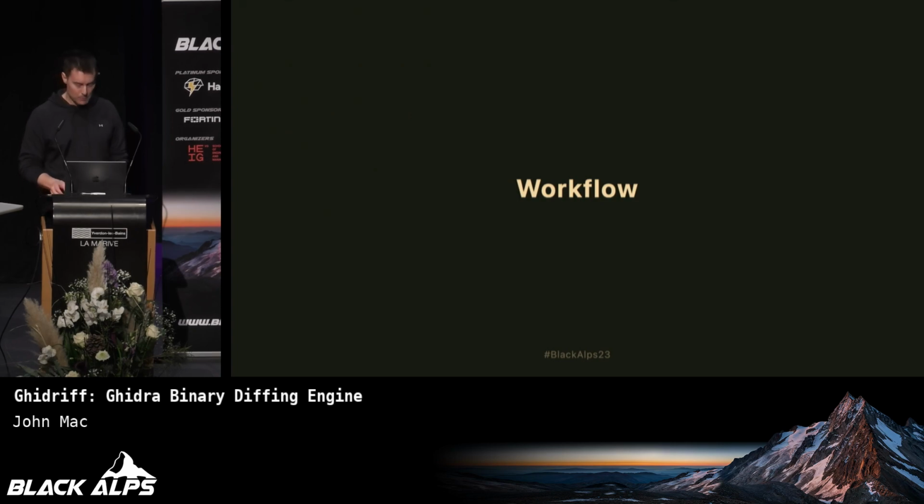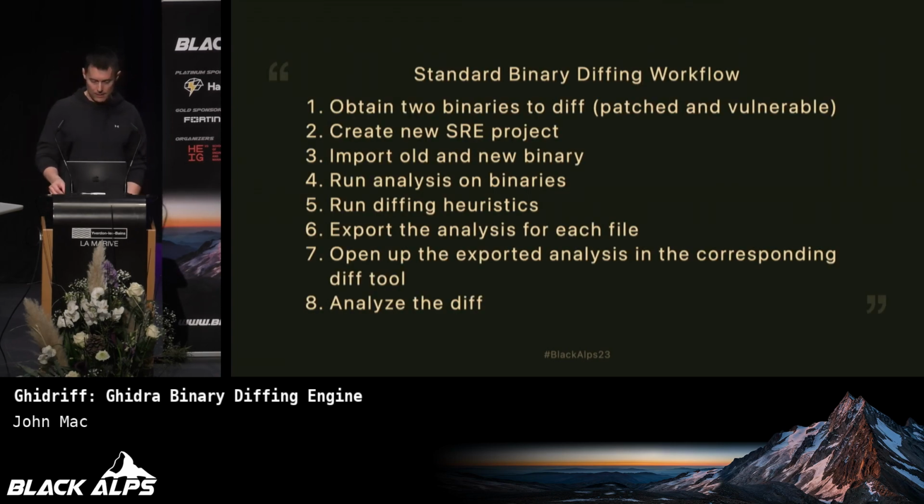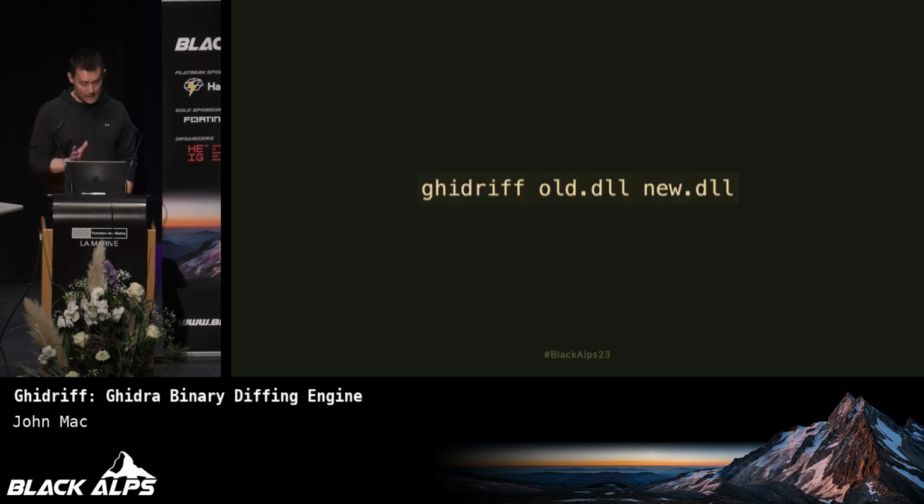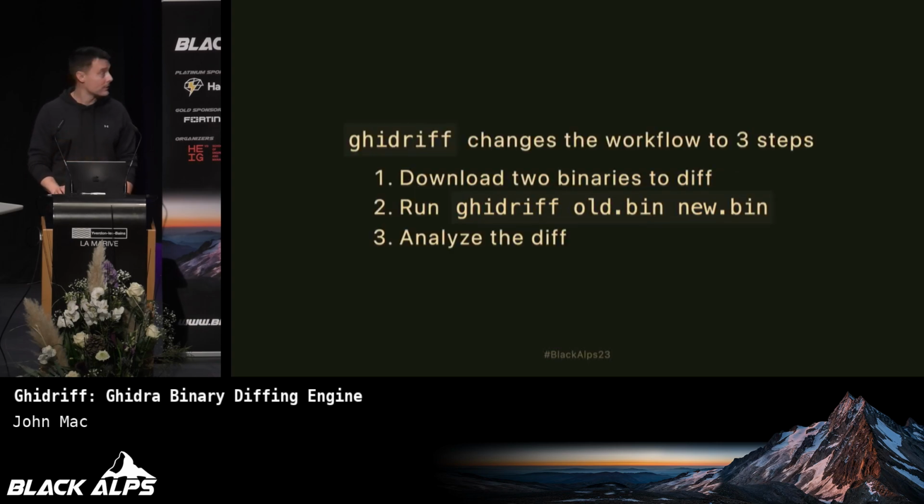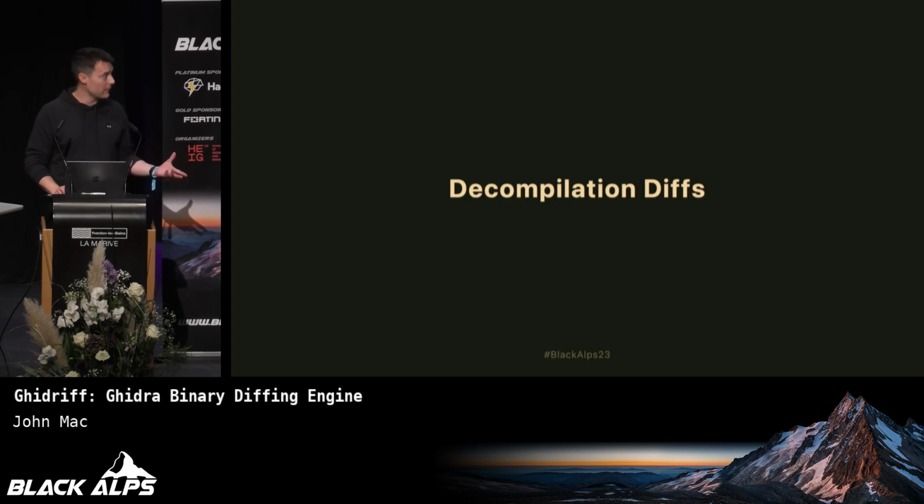The workflow was one. That was a primary one. There were these 8 steps before, and for me that was too many. After you do that about 10 times and you get tired of clicking around, what I needed is what I built here, a command line tool that would kick off the diffing, do the full workflow, and come back and show me the results. And so now I think I have that full workflow down to 3 steps, which is a lot more feasible for me.